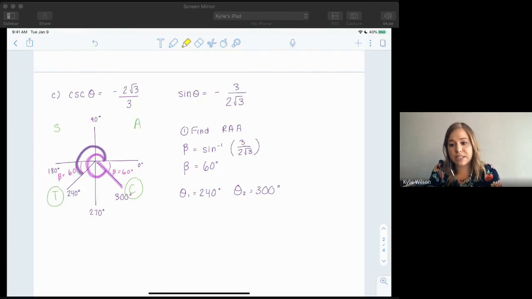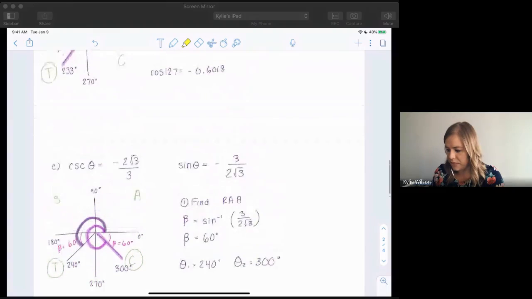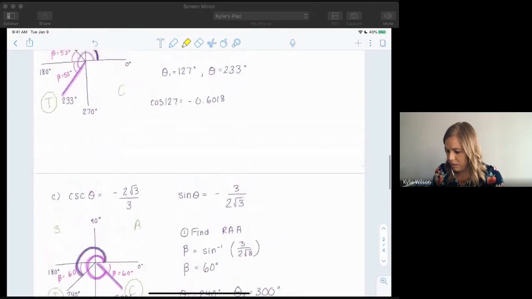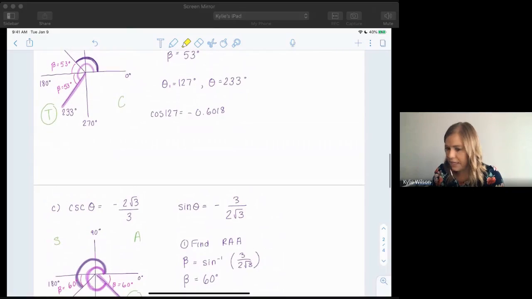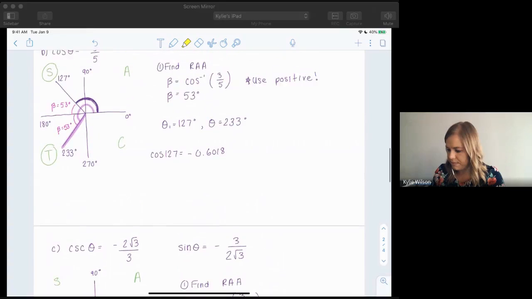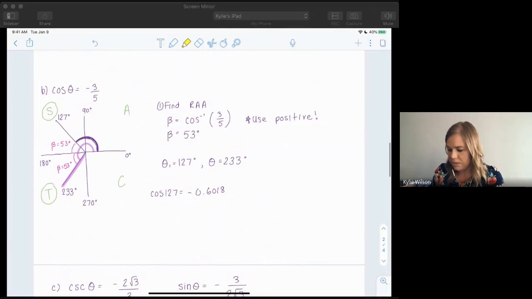Ethan had a question. What angles did you get in B? This one's done in the previous question. We got 233 and 127. So same idea here. When I'm finding my angles, I just go from 0 past 90 to here, and I know I have 53 left to get to 180.